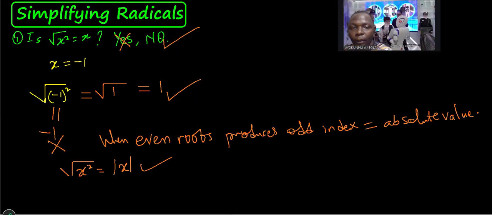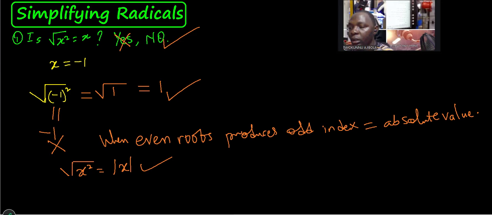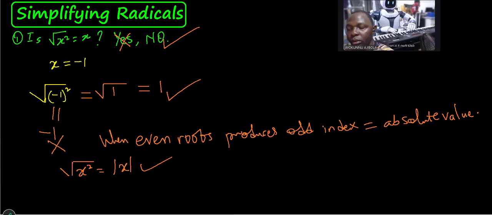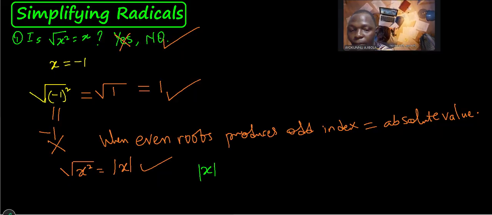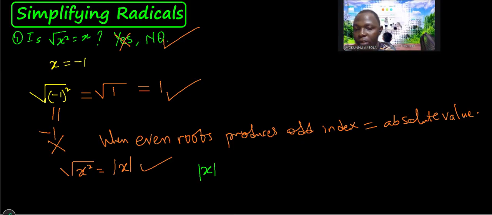So to further explain that, we can say, if x is, like we have absolute value of x, we can have x greater than or equal to 0, we can have x less than 0.